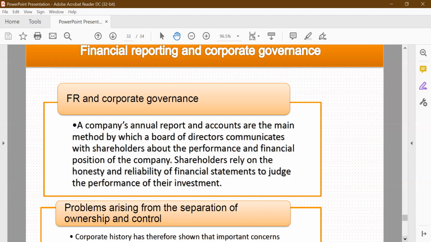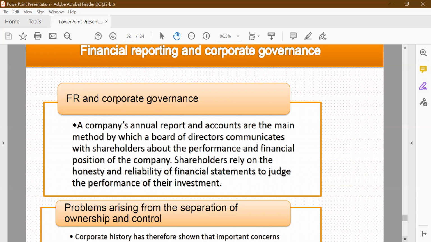One of the key things when it comes to corporate governance are corporate disclosures, communicating on an ongoing basis what the company is doing and how the company is doing. And one of the key tools to ensure accountability is through financial reports.